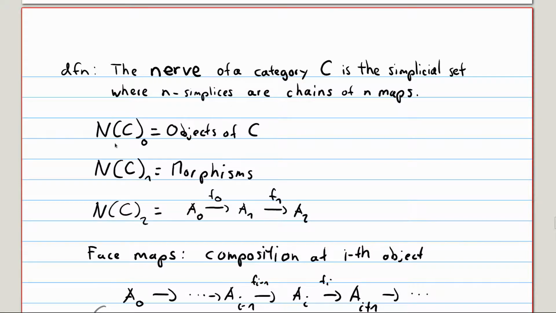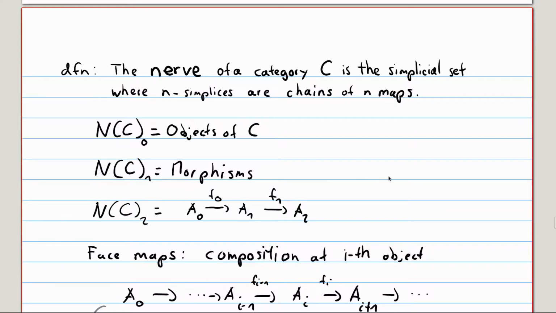We define the 0-simplices of the nerve to be just the objects. We define the 1-simplices to be the morphisms. And the 2-simplices are pairs of composable morphisms. So we've got these chains of morphisms, and for each n, we just take longer and longer chains.